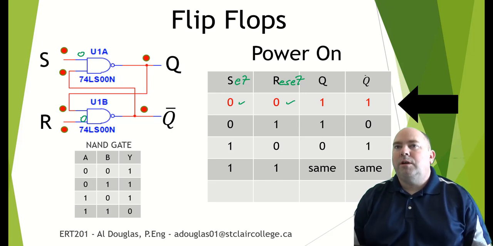So if we look here for a NAND, because these are NAND gates, if we have anything with a 0 in it, the output of that is going to be a 1. So here we have a 1. That comes up here, creates a 1 up here.